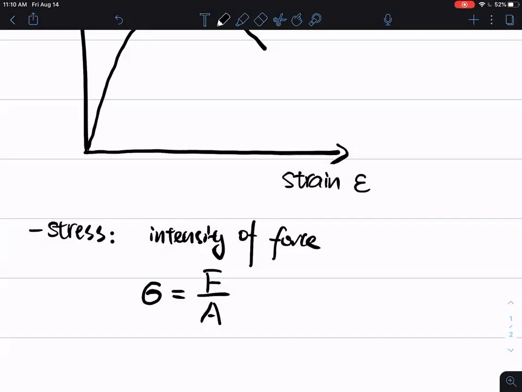Say if I use my hand to push on this table, what area will we actually use? The area should be the area of my hand, right, instead of the table. Remember, that should be the area the force is applied on. And that tells you the intensity of the force.